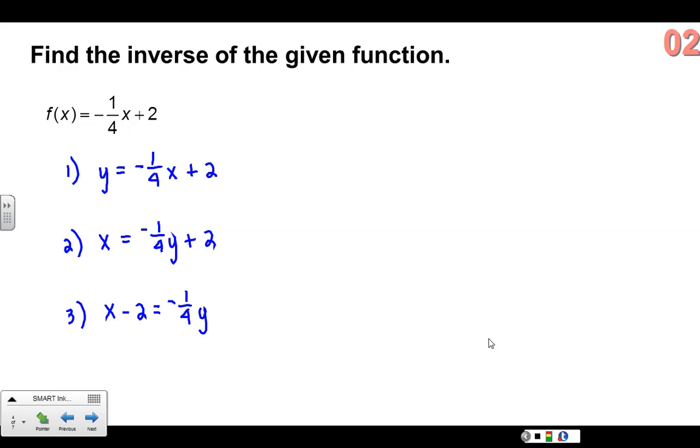I am going to multiply 3 by negative 4 now to get y by itself. So multiply 3 by negative 4. So f to the minus 1 of x, or the inverse function, will equal negative 4x plus 8.